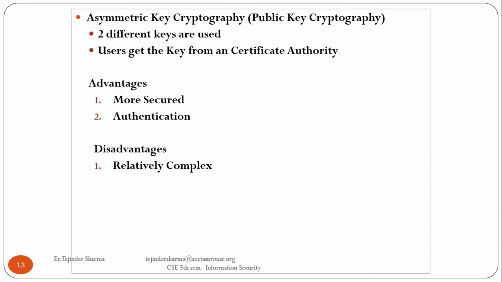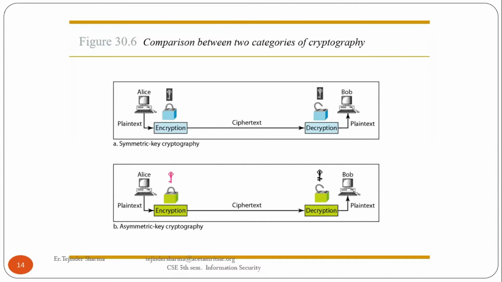Now comparison: you can see there is one single key, of black color, in symmetric cryptography. Plain text is encrypted using the shared key, and the ciphertext is sent to the receiver where it is decrypted by the decryption algorithm using the same key, and Bob will retrieve the plain text.